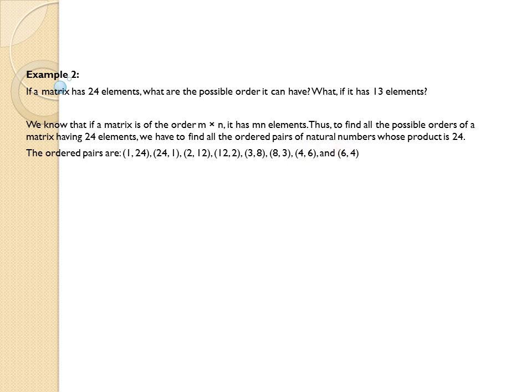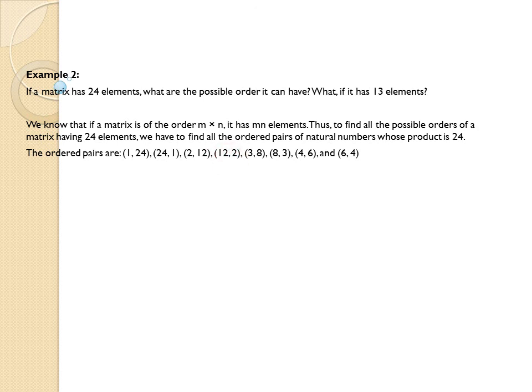Now 7 does not multiply with anything to give 24. 8 goes with 3 to form 24, which I have already taken. 9 cannot multiply with anything to get 24. 10 no. 11 no. 12 yes, 12 into 2, which I have already taken.